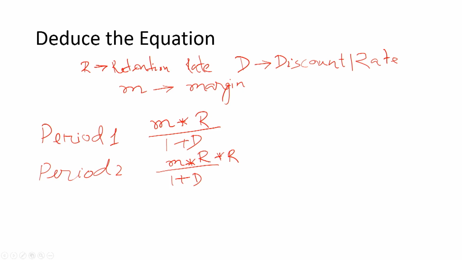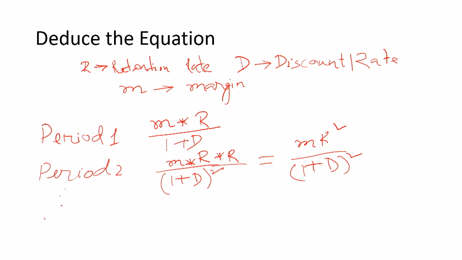So, it is M into R square divided by 1 plus D whole square, because the value of money will be again further lessened, right. So, in a way what I can say, period 2: M R square divided by 1 plus D whole square.